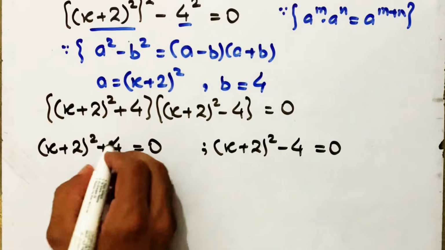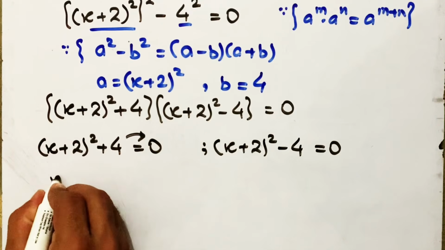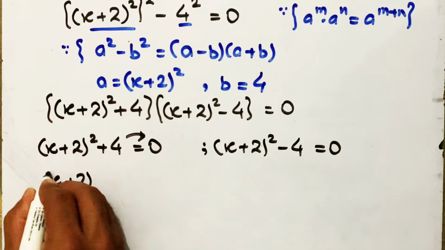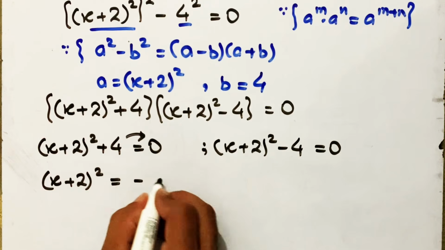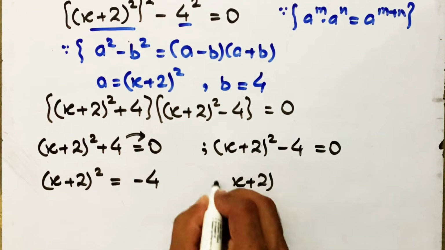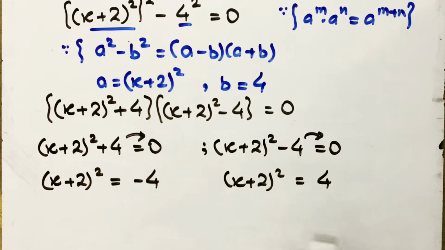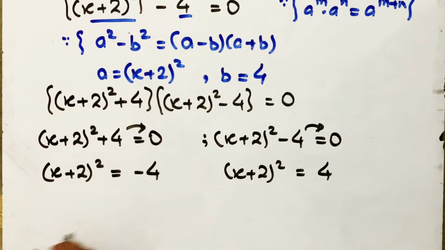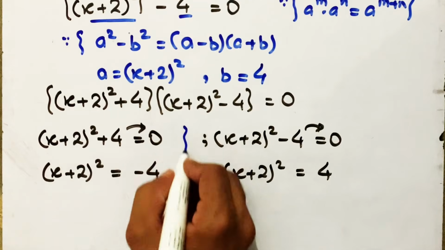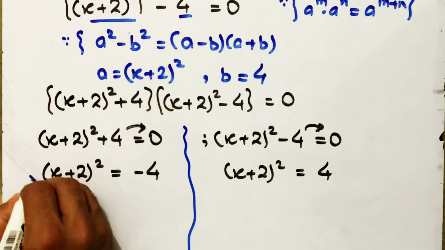Positive goes to the opposite side, meaning the sign changes. So (x + 2)^2 = -4, or (x + 2)^2 = 4. So we got two equations. Further solving, I'm trying to take the square root.